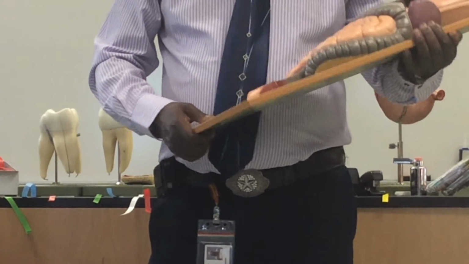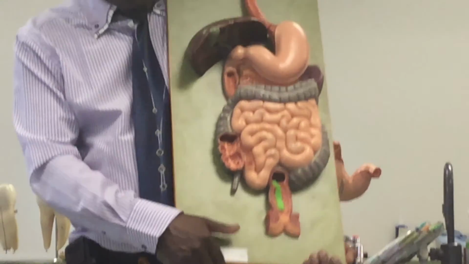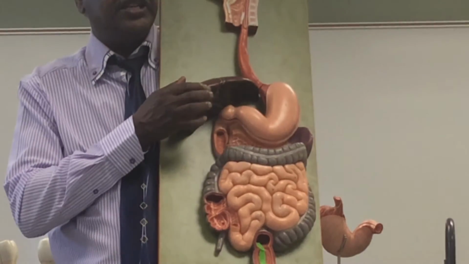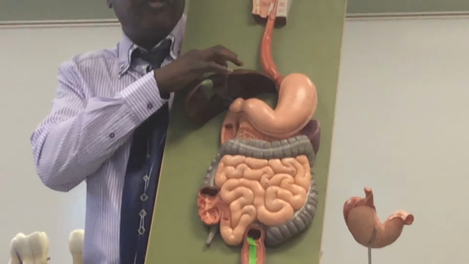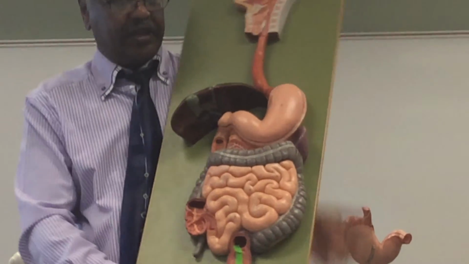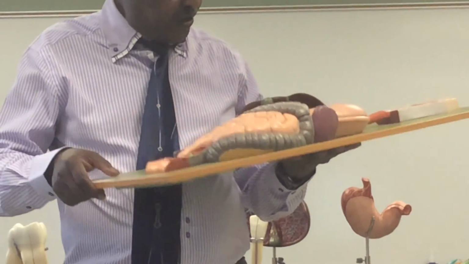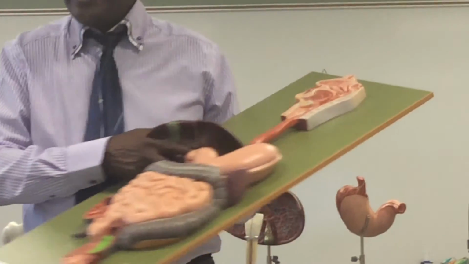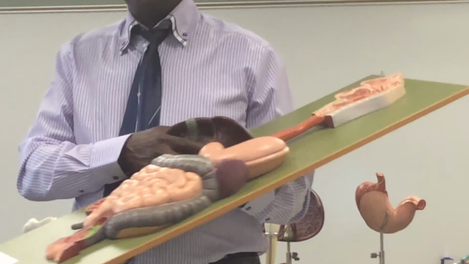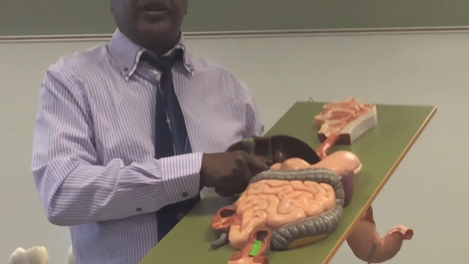So, right here in the liver, what is very clear, and you can see, this is the gallbladder. This is the falciform ligament. Falciform ligament. Also, you can see way down here, this is the common bile duct that comes all the way down and comes here.